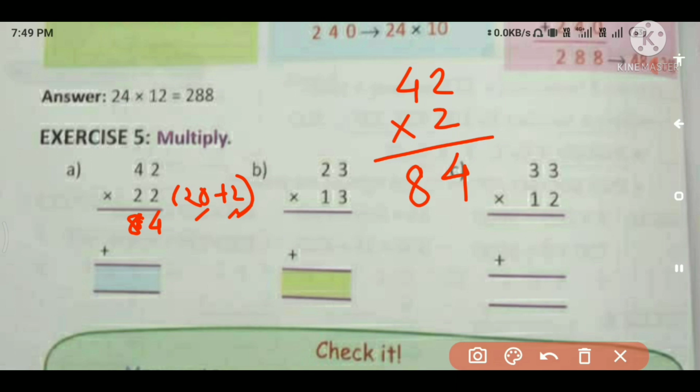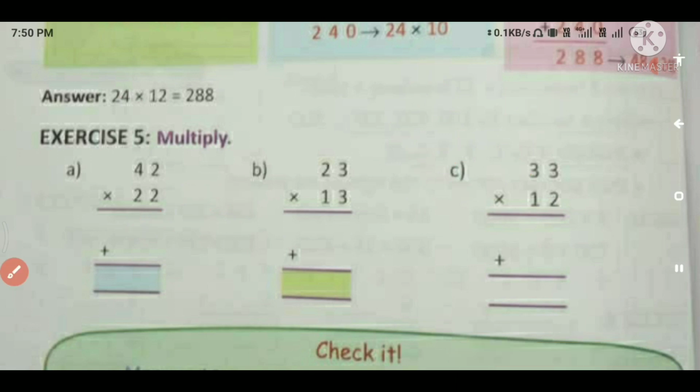Okay, now we'll multiply 42 with 20. 42 multiplied by 20 means what? 2 tenths, right? That means we can multiply it with 2. Then we can add 1 zero, right? So I will write this one here, okay?